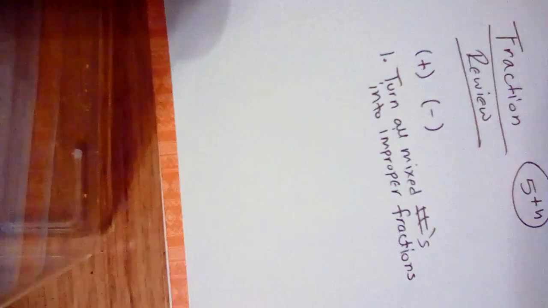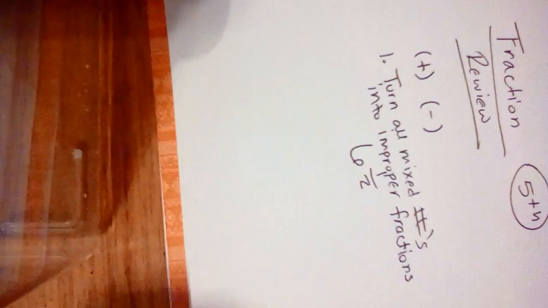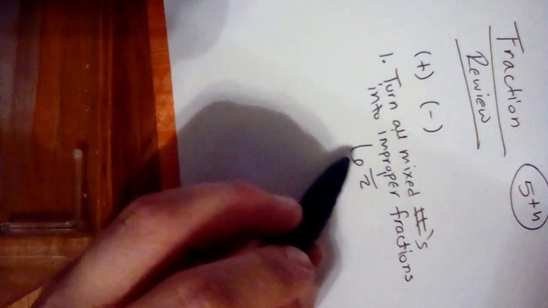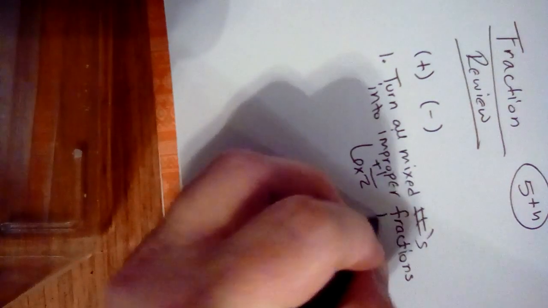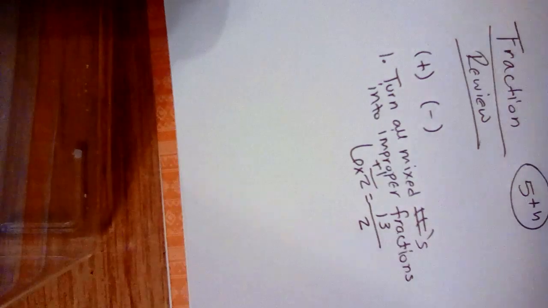Now, the way that I turn a mixed number into an improper fraction, say I have 6 1/2, is I multiply the whole number and the denominator. 2 times 6, which is 12, and I add the numerator, 13, and I keep the same denominator over 2. That is how we turn a mixed number into an improper fraction.